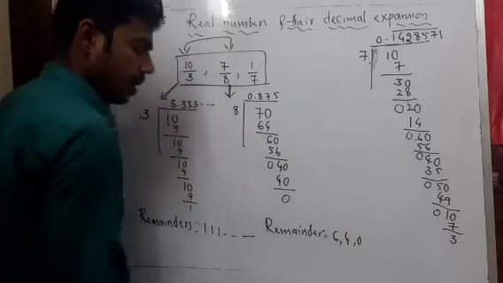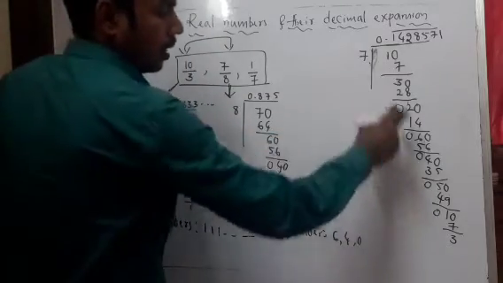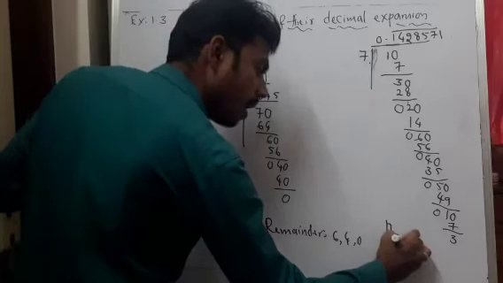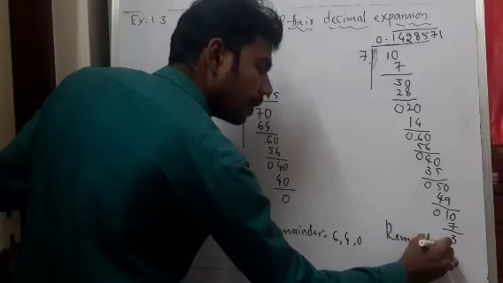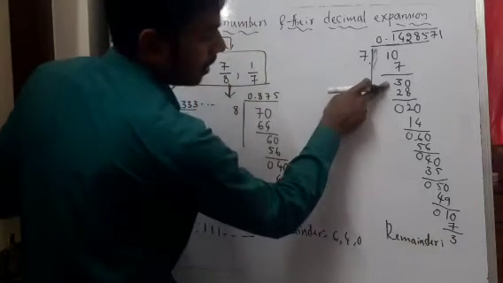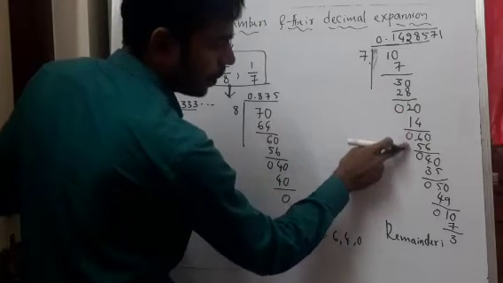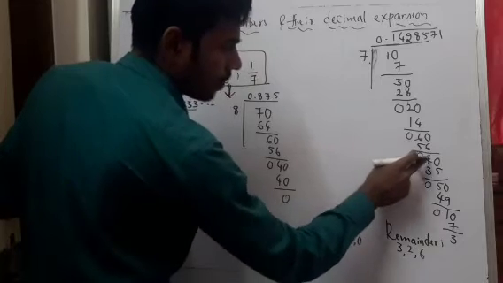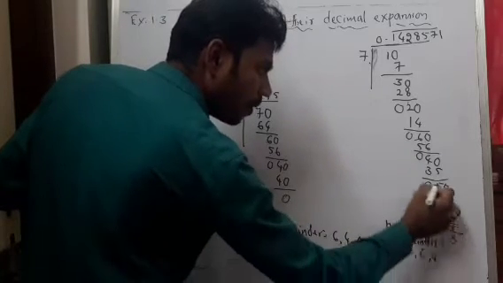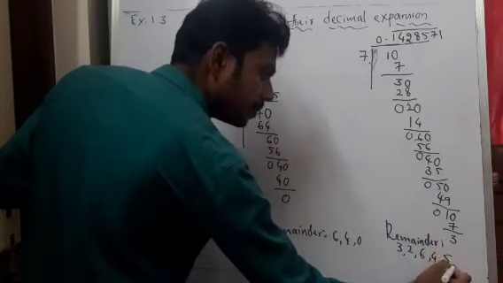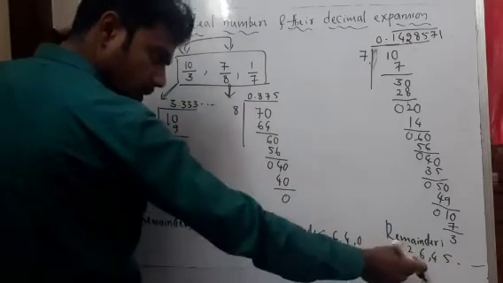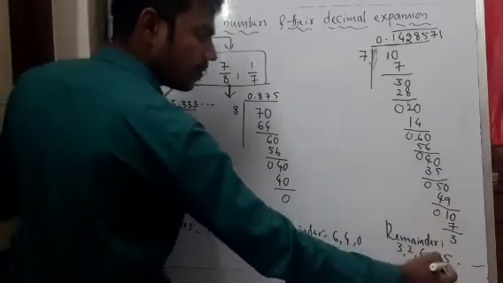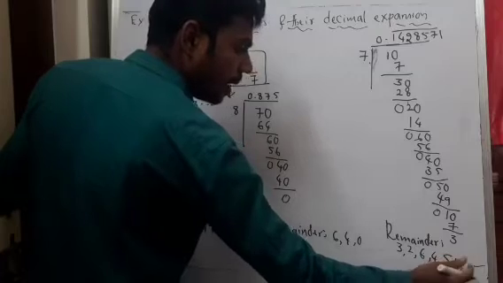Next, here the remainders are 3, 2, 6, 4, 5, 1. Again these remainders are going to repeat.